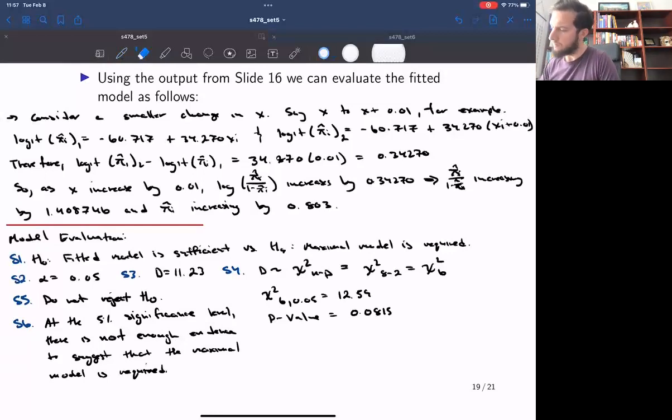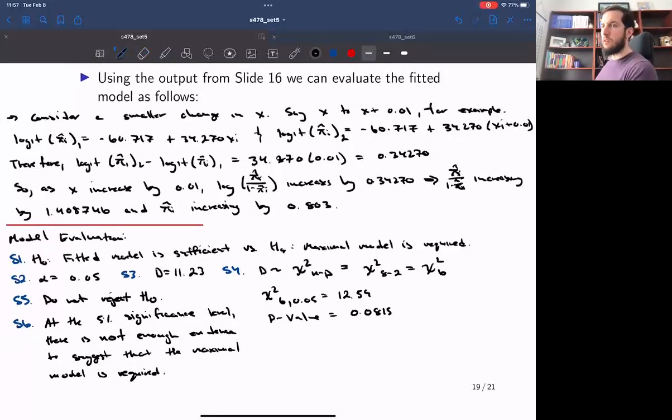Okay, so there's not enough evidence to suggest that the maximal model is required. So we do not have to reject the null here. But again, that deviance measure is quite large compared to the df of the chi-square distribution. And that does have meaning to us in terms of how we would evaluate the fit of the model.